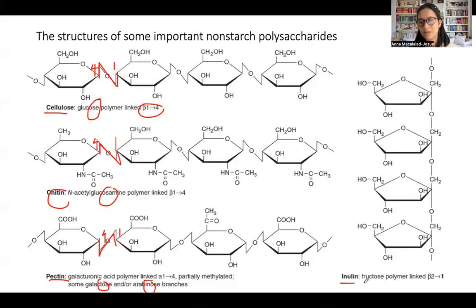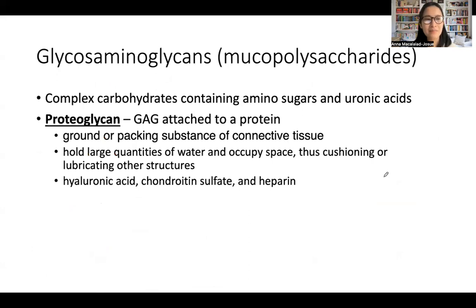Inulin here, you have your beta 2,1, because this is a furan, not a pyranose ring structure. Okay?